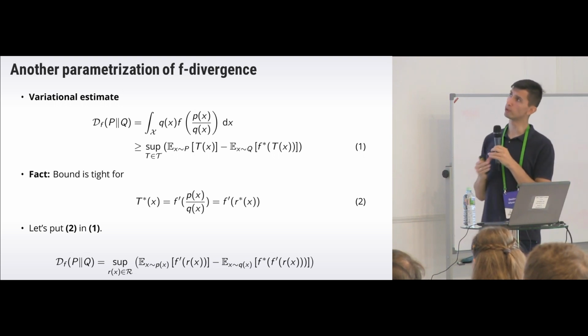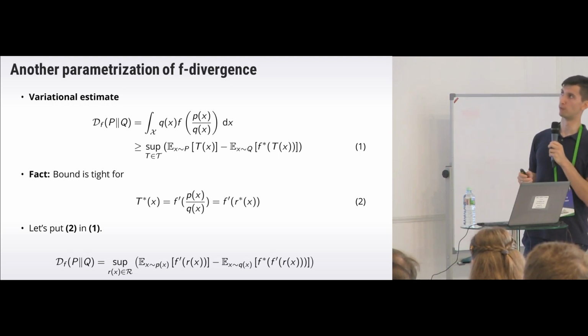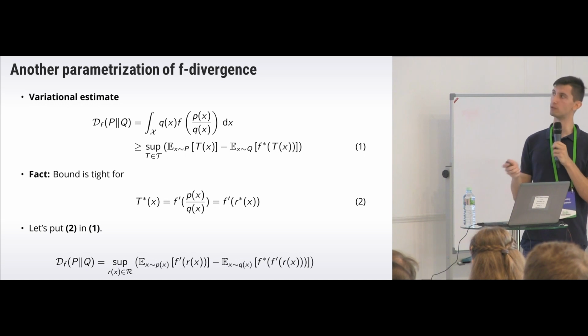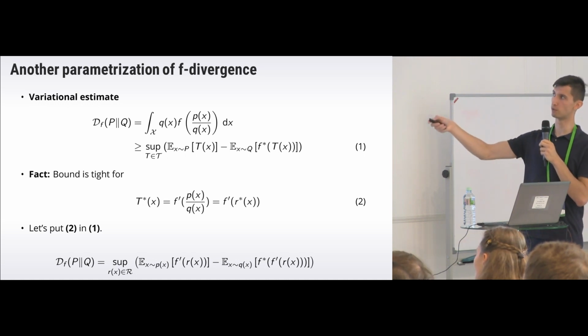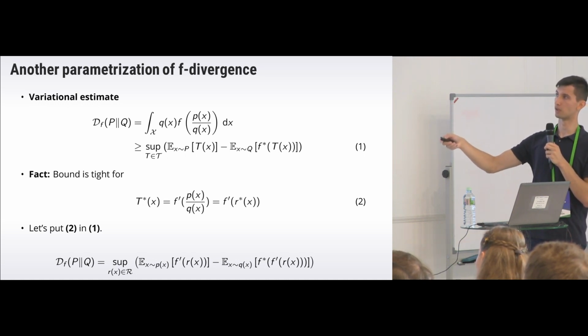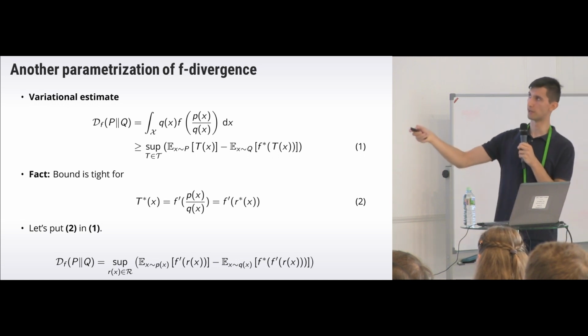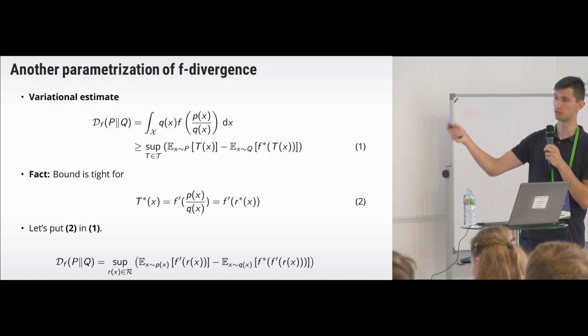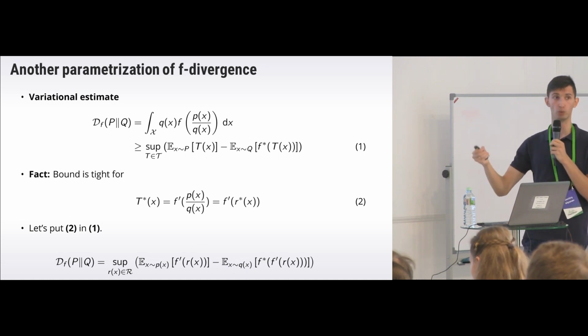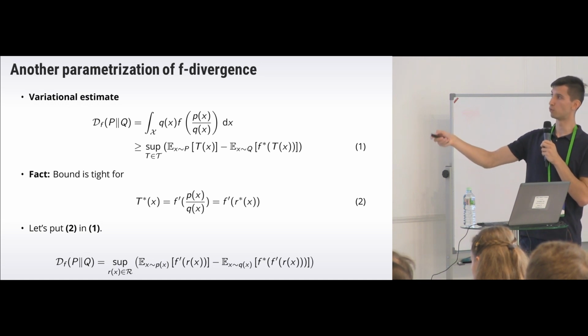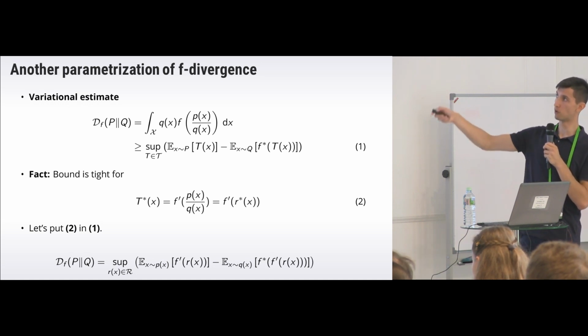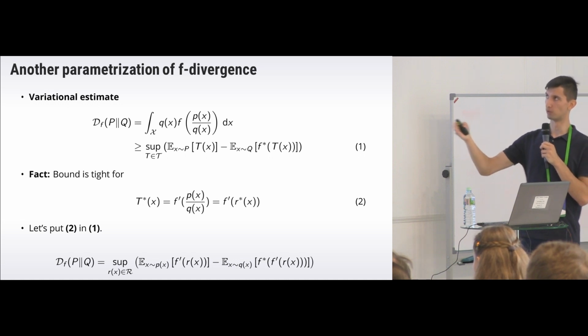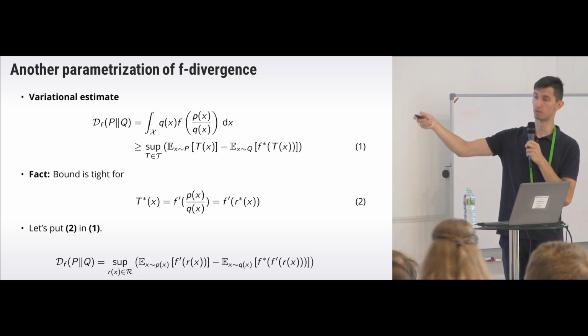We could go a slightly different way for f-Divergences in terms of parameterization. This is a dual for f-Divergence, and I've told you that if we take t like that, where f prime is the gradient of a function f, and put this into the supremum, we will get precisely the divergence.